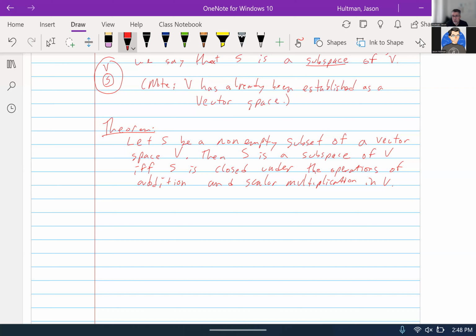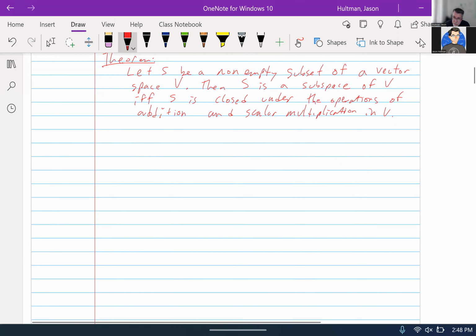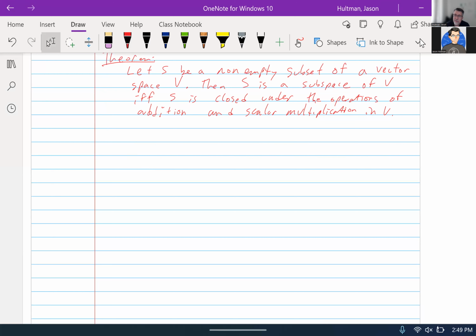Otherwise, it's not closed, and it's not a vector space in and of itself. So what happens in S stays in S, like what happens in Vegas stays in Vegas. If it's a subspace, what happens in S stays in S.